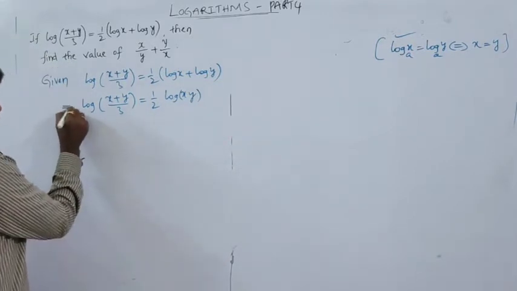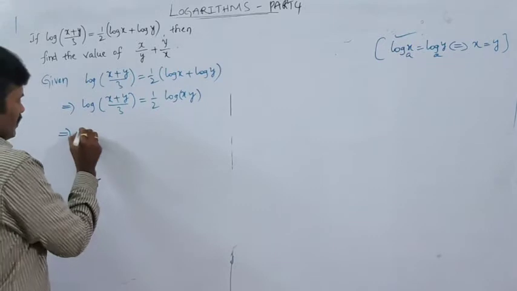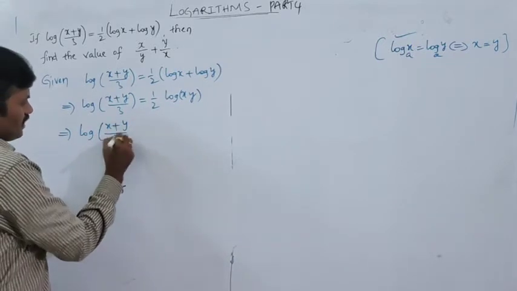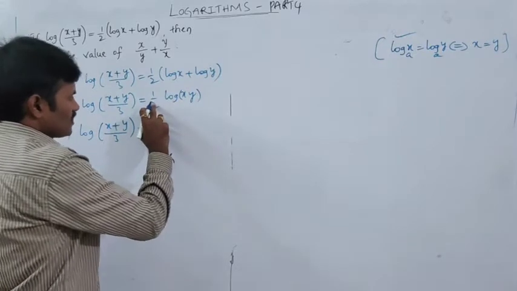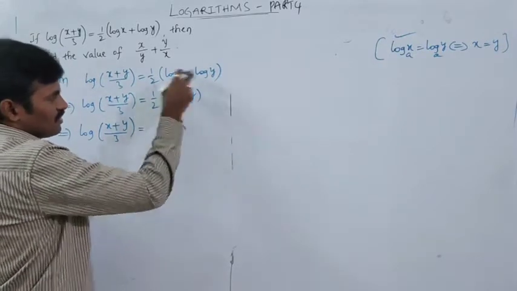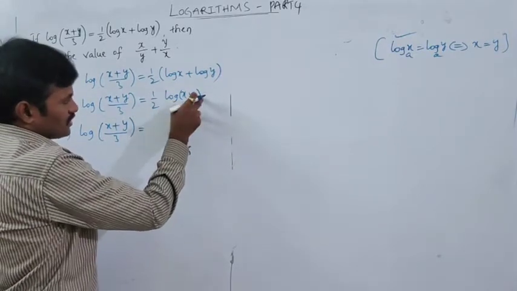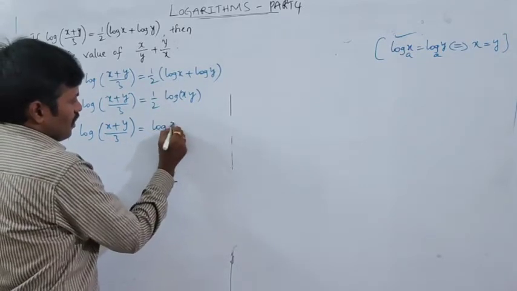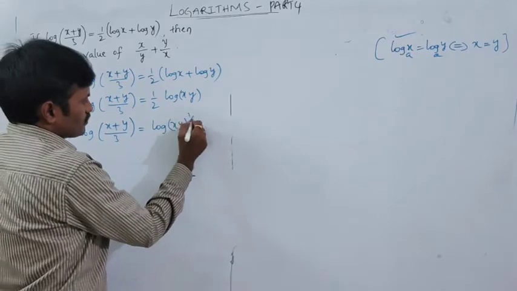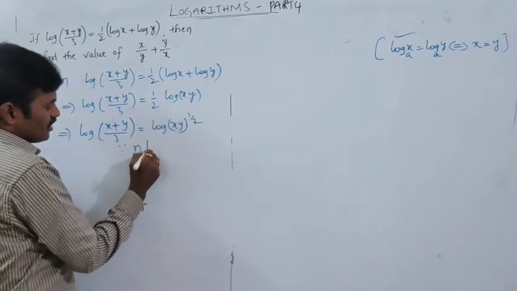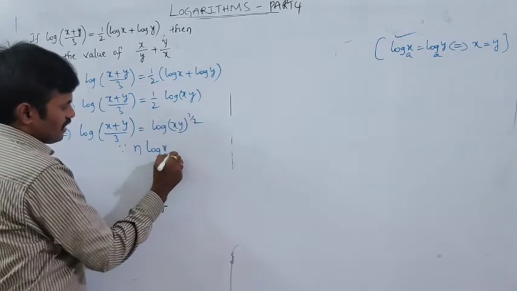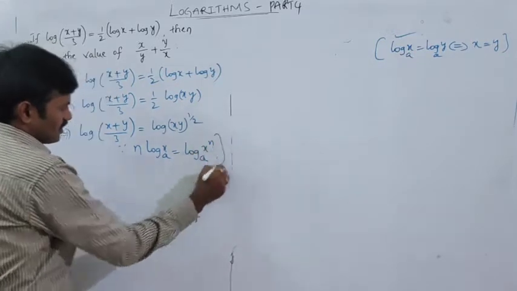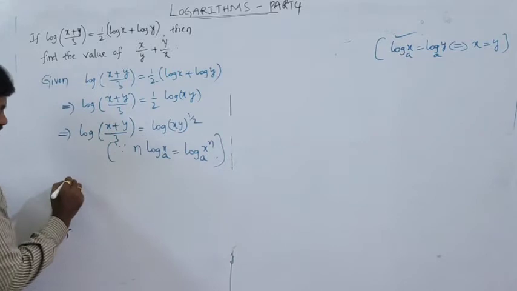Next step: log of (x plus y) by 3 is equal to, this is the coefficient, if you shift it to the right side, it becomes log of xy whole to the power of 1 by 2. Am I correct? Since n into log x to the base a can be written as log x to the power n to the base a.